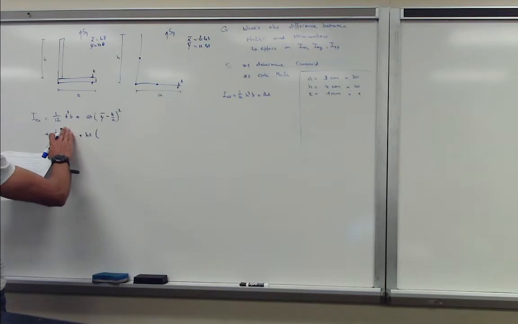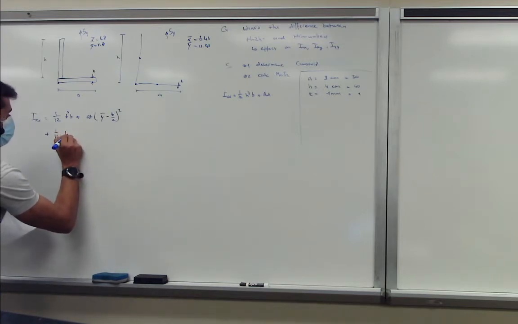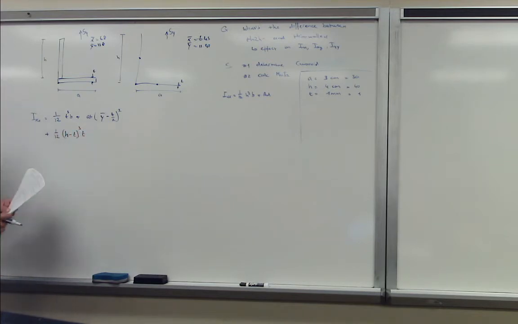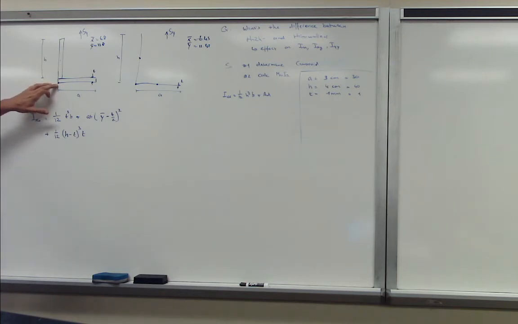Sorry, I made a small mistake. So this becomes h minus t cubed multiplied by t, because we calculated our centroidal axis with respect to this point, so we still have to take that into account. So in this case, the total h is makes sense.